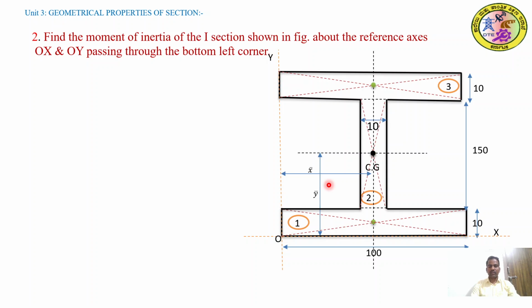Before that, rather than converting the I section into three rectangles, we first find the XX and YY axes.